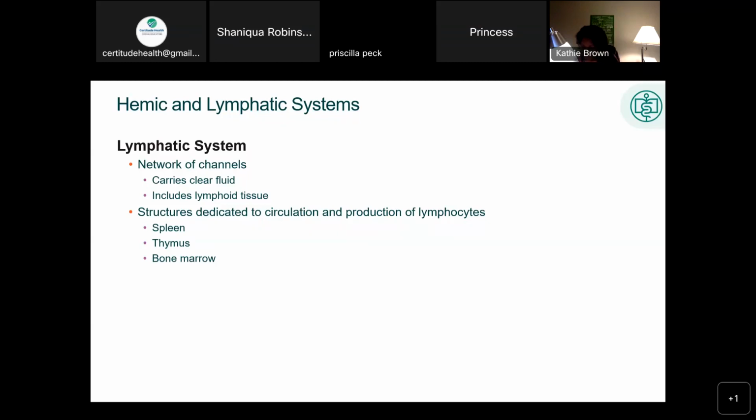The spleen has a very important function as well because it helps the body filter out fluid that goes to the bloodstream. So we see this a lot with gunshot wound patients who have abdominal gunshot wounds, or people who are in car accidents and the steering wheel slams into their abdominal area and maybe crushes or injures their spleen.